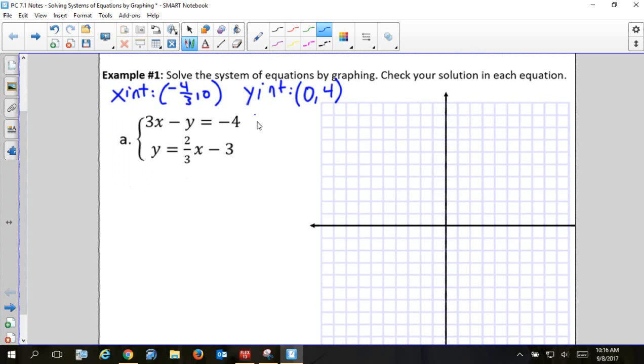And my slope, remember slope is what in standard form? Negative a over b. So I do -3 over -1, +3. And I look at my information. It looks easiest if I graph my y-intercept at 4 and then use my slope from there, up 3 over 1.